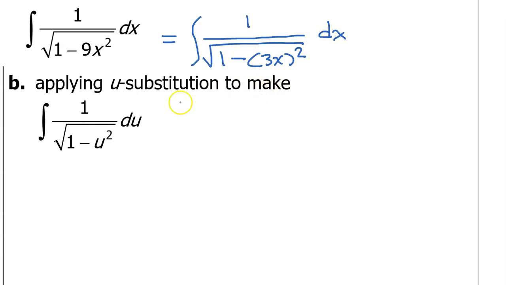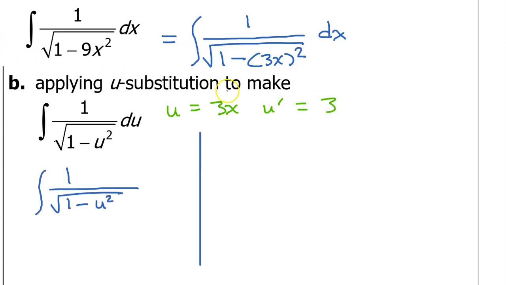Now I can do the u substitution of which I spoke. The u is the thing that is being squared. So I know that u will be 3x. That means that u prime will equal 3. Substituting u for 3x gives us this.